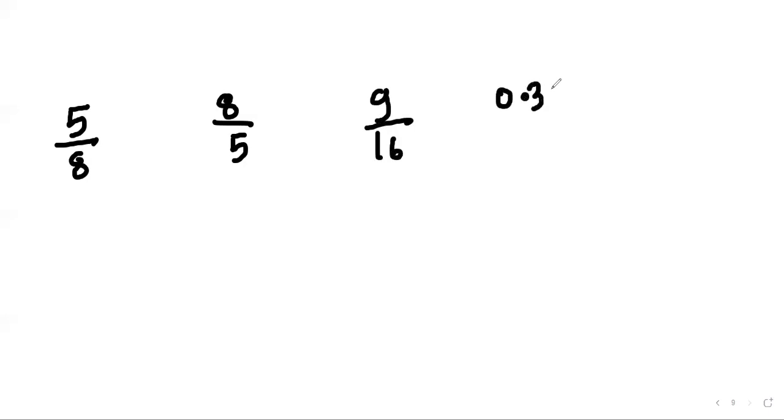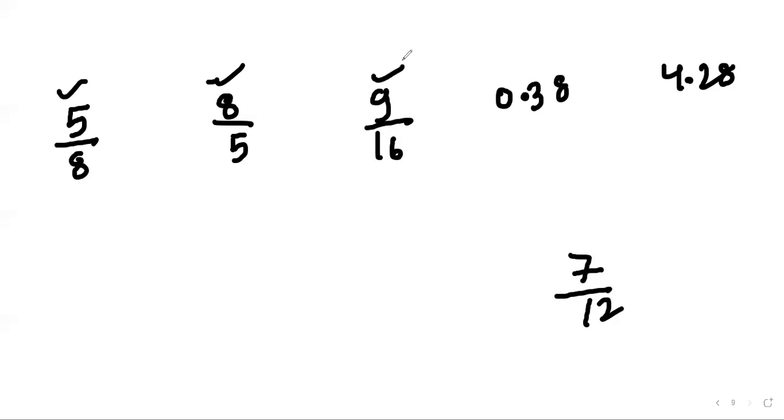So let me write the first fraction as 5 over 8, 8 over 5, 9 over 16, 0.38, 4.28, and 7 over 12. These are the 6 fractions: first, second, third, fourth, fifth, and sixth. We have written 6 fractions over here, and we will have to predict whether each is proper or improper.